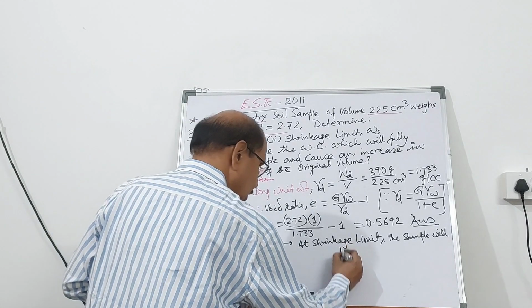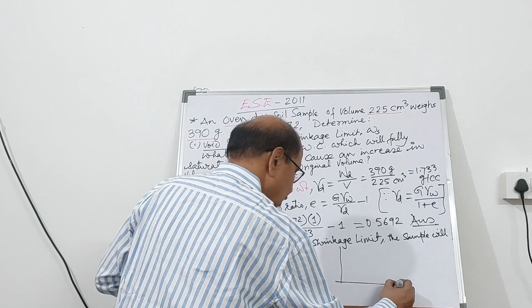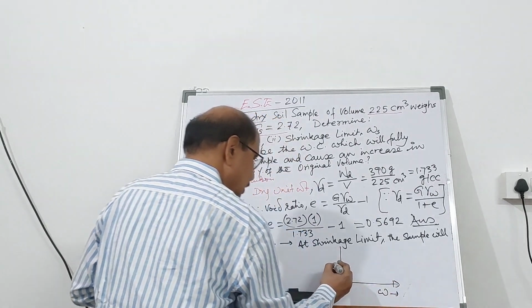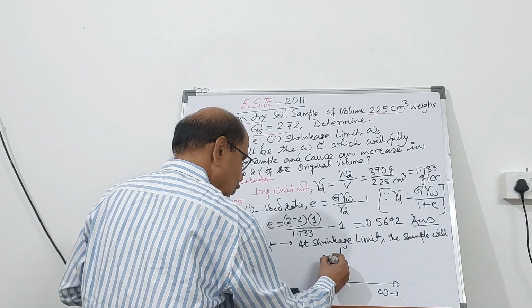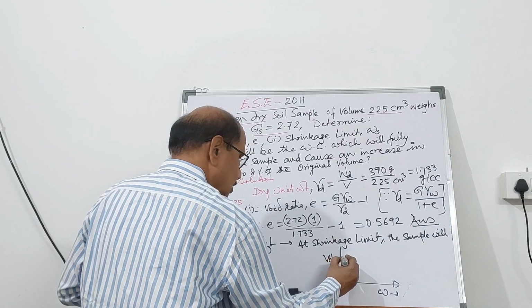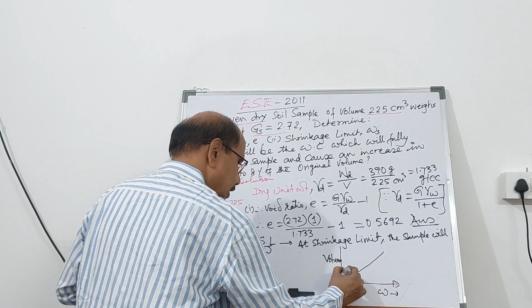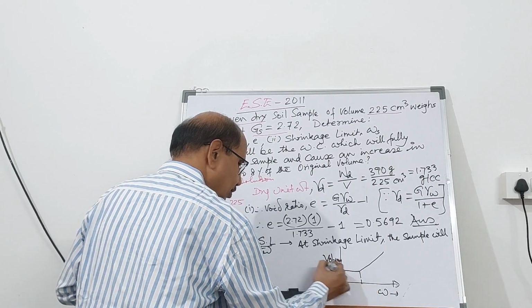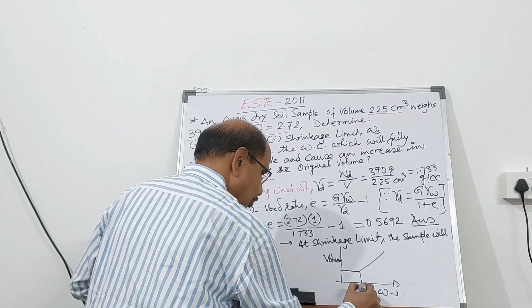You know the moisture content versus the total volume of the soil mass, it is going to change like this. And here the volume remains constant. This is called the shrinkage limit.